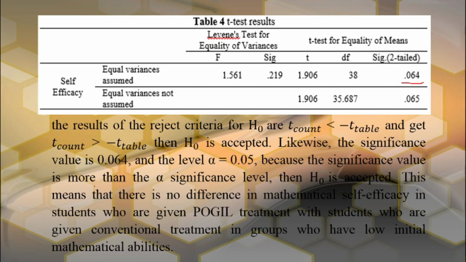Because the significance value is more than the significance level, H0 is accepted. This means that there is no difference in mathematical self-efficacy between students who are given POGIL treatment and students who are given conventional treatment in the group who have low initial mathematical ability.